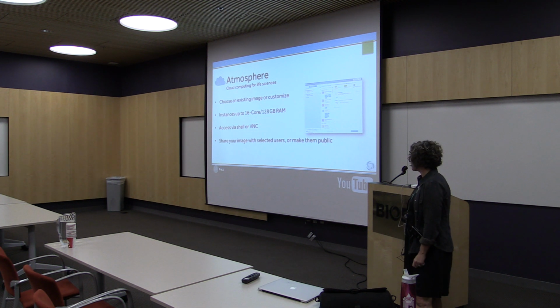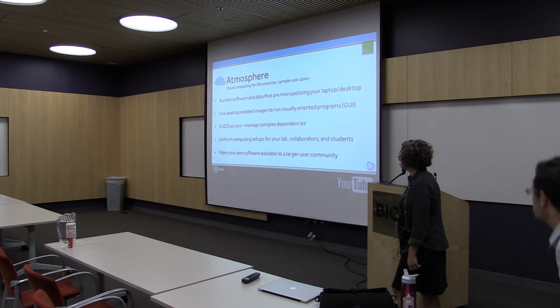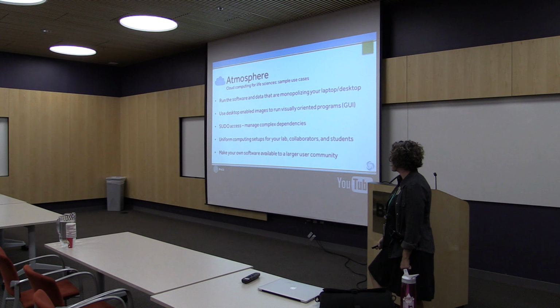You can access your instance via shell or VNC, and you can share your image with selected users or make them public. There are a lot of reasons to use Atmosphere. Some of the popular ones include running the software and data that are currently monopolizing your laptop or desktop. Many Atmosphere images are desktop enabled, and that allows you to run visually oriented programs, those with a graphical user interface. With Atmosphere, you have sudo access, which allows you to manage complex dependencies without the need for an administrator.